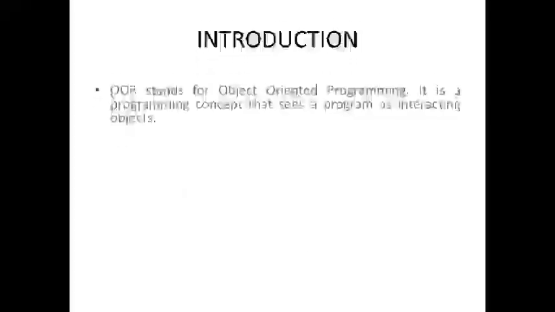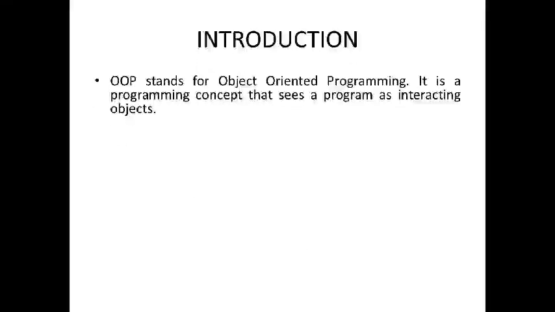Okay, introduction. What is OOP? Of course, we know that OOP stands for Object-Oriented Programming. It is a programming concept that sees a program as interacting objects. OOP is a software development model that sees a system as objects that interact.